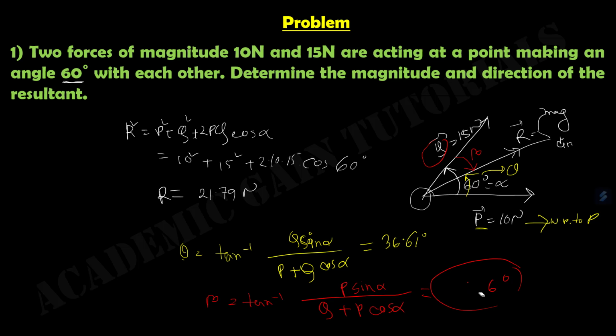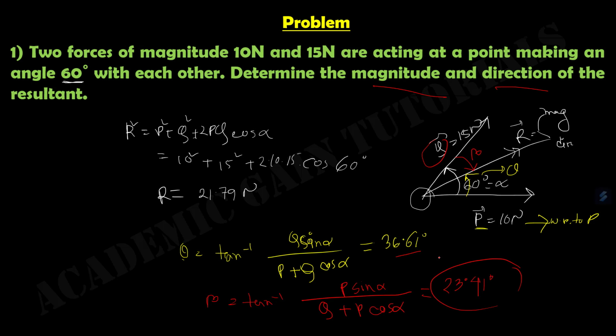It will be 23.41 degree. Pardon my mistake. So we determine the magnitude, which equals 21.79 Newton, and the direction with respect to P will be 36.61 degree, and with respect to Q, it will be 23.41 degree. So we calculated both of these things.